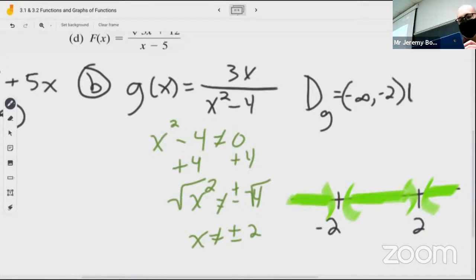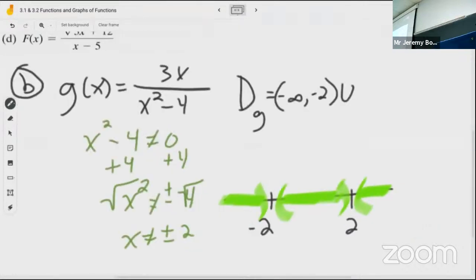Then we're going to union it with that middle interval, which is negative 2, positive 2. All the numbers between negative 2 and positive 2, just not negative 2 or positive 2. And then union that last interval, which is 2 to positive infinity.